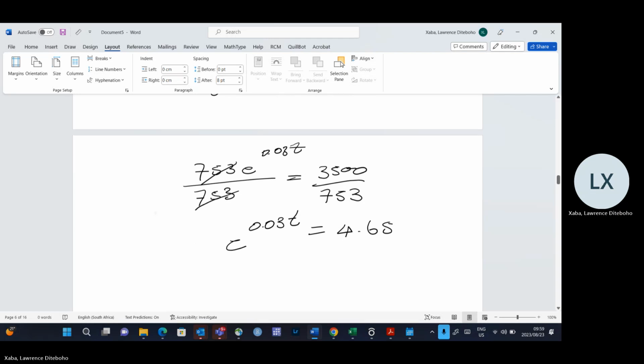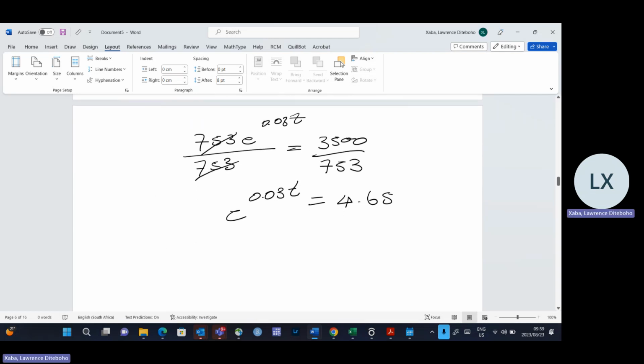So our interest, remember, is to have the value of t. So we apply ln, and when you do that, we say ln(e to the power 0.03t) equals, on that side, ln of 4.65.